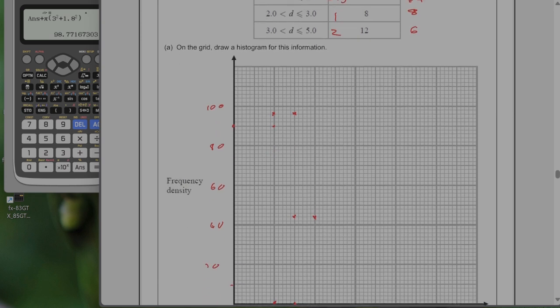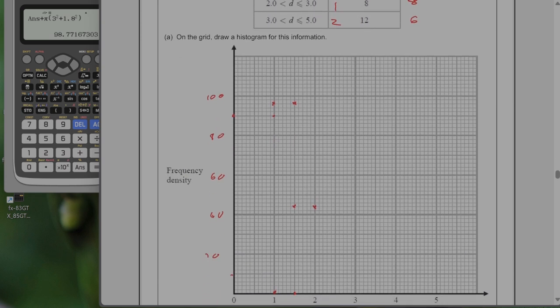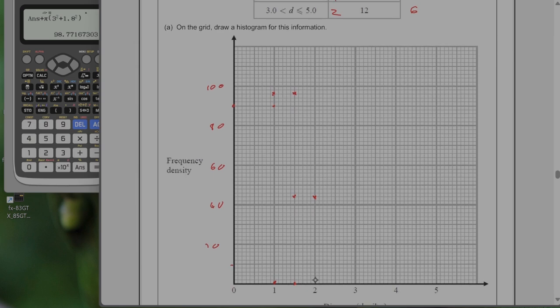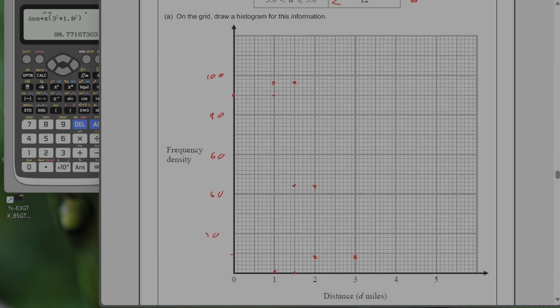I then want to do 2 to 3 as 8, which is going to be there. And then finally 3 to 5 and 6. So that's going to be there. Right.